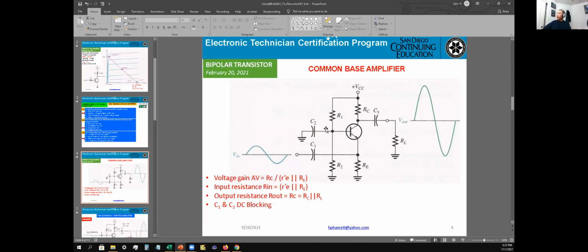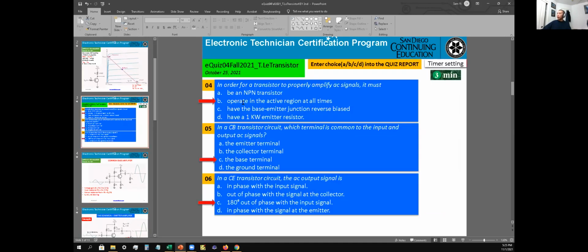In the common base, the input and the output are both connected to the ground, which is right here. So that's the common base, common to input and output AC signals. It's at the base terminal.